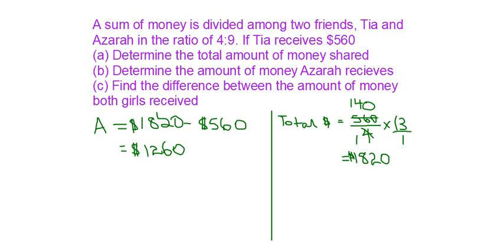Anybody else see another way that we could work this out? Yes. Yes, lovely. Thank you, Kristen. So, there you go. You have 3 different ways you could actually work that out. And those 3 different ways can give you the same exact answer.